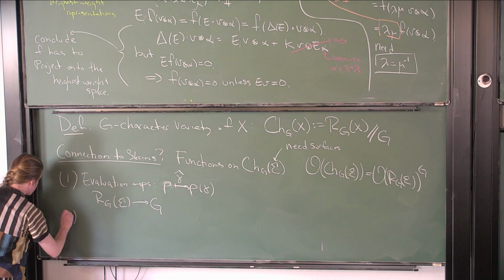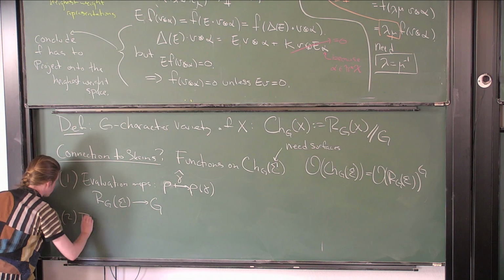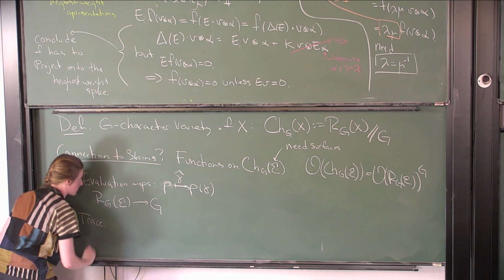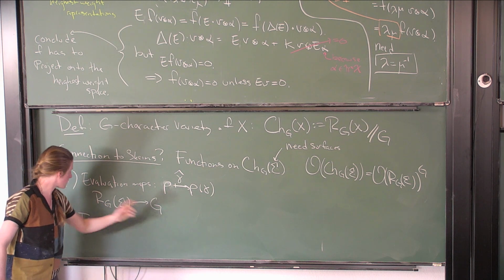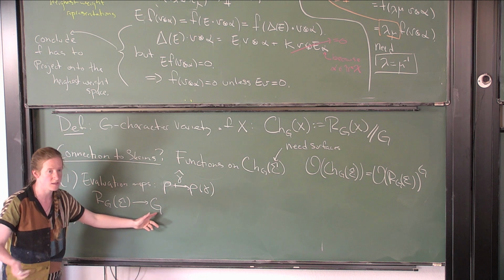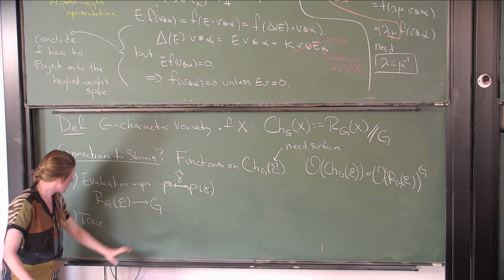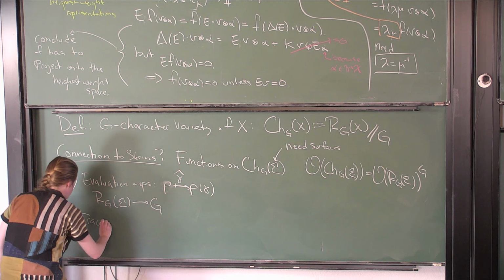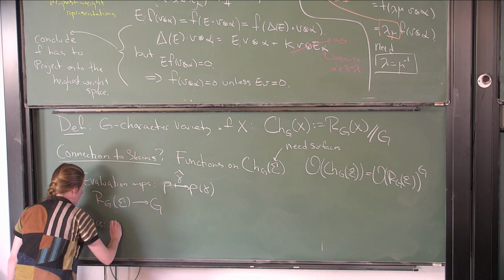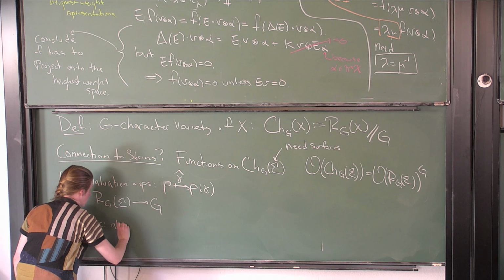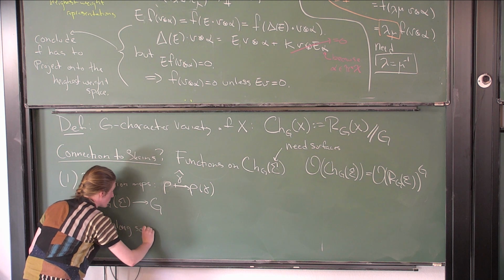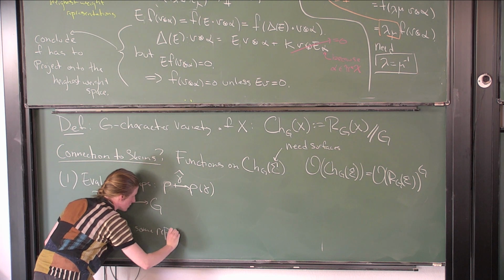The second half of this procedure will be to take a trace. G is a reductive group. I often think of them as matrices, but I need to make that precise. So I'll take a trace along some representation.